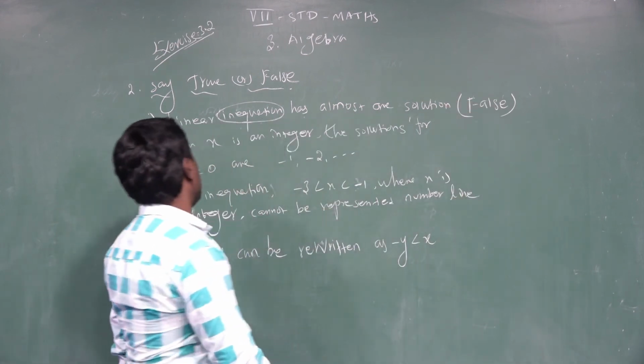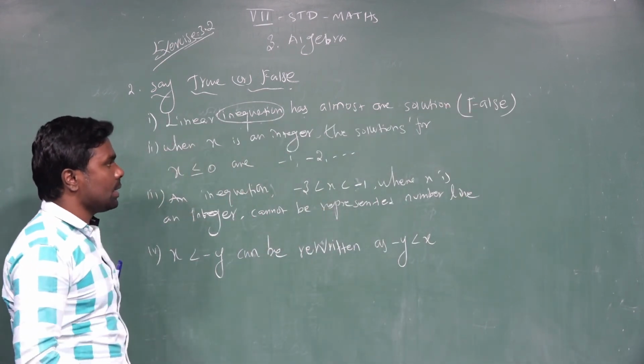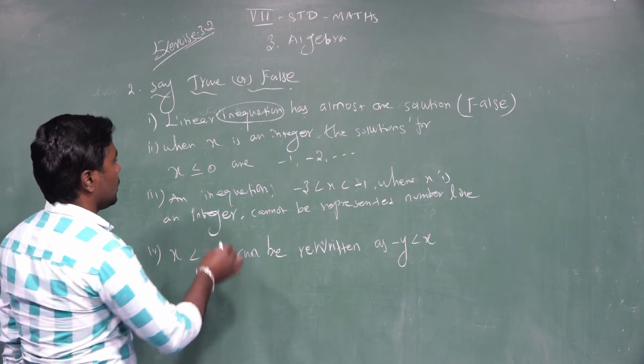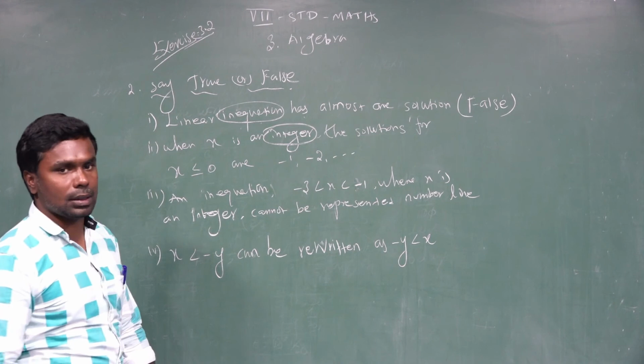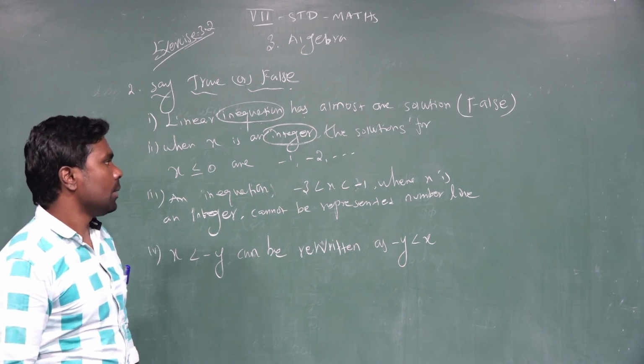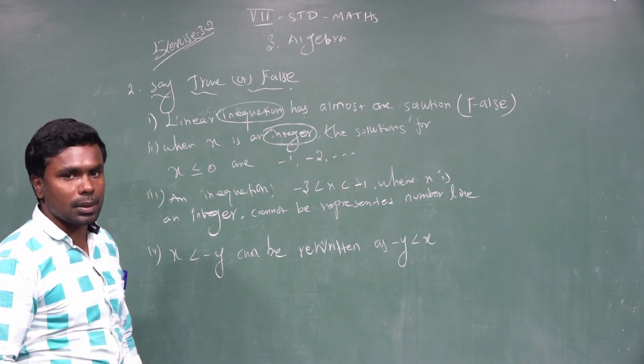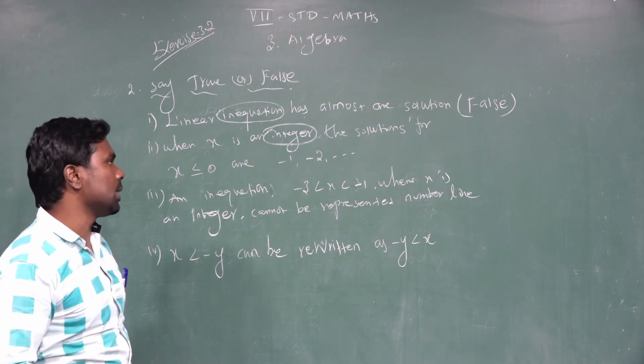Very simple. Second one, when x is an integer. What is an integer? Both negative numbers and positive numbers with 0 are called integers.